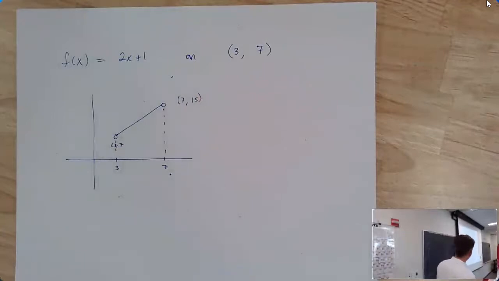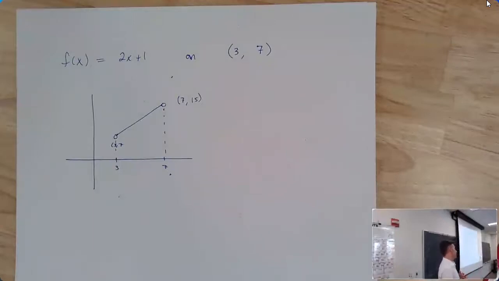So on this interval, what's the biggest y value this function takes on? Well, it doesn't though. So just give me a number. What's the biggest number this function gets to? Okay, how close to 15? Right, as close as we want.